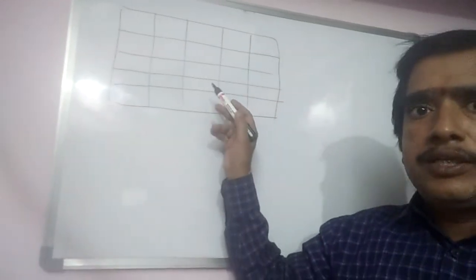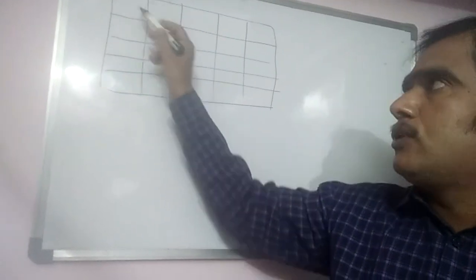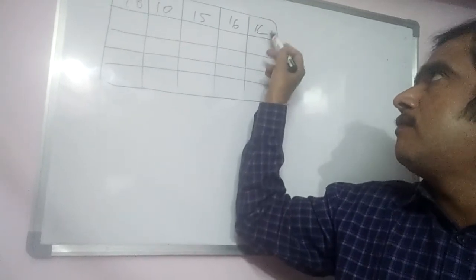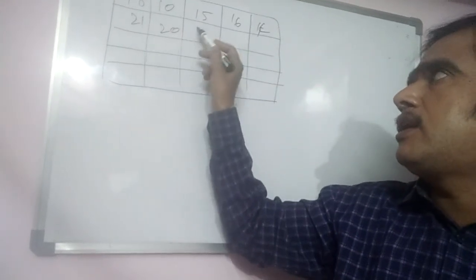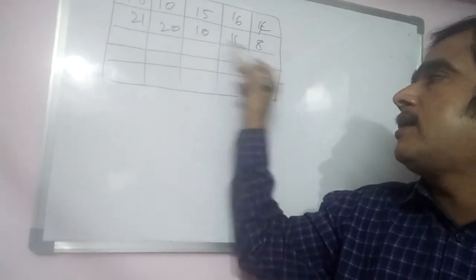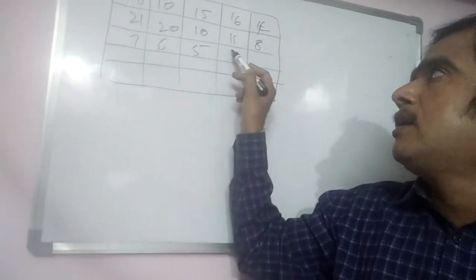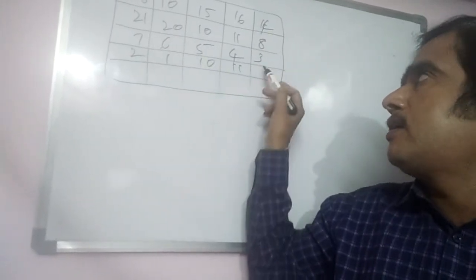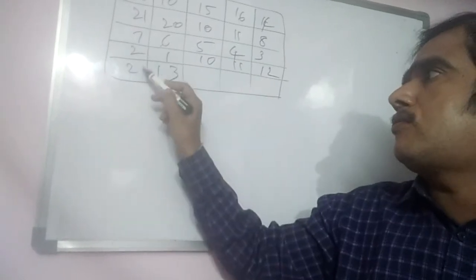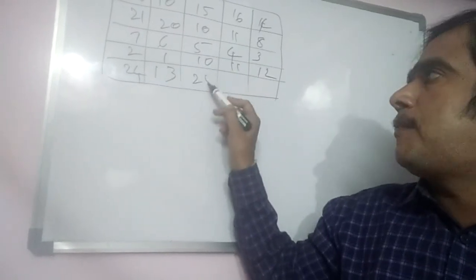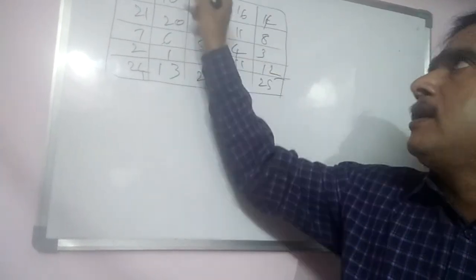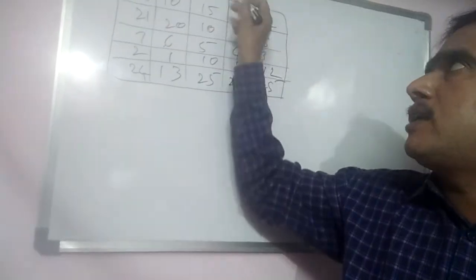These 25 students' marks she noted: 18, 10, 15, 16, 14, 21, 20, 10, 11, 8, 7, 6, 5, 4, 3, 2, 1, 10, 11, 12, 13, 24, 25, 21, 25. The maximum marks are 25.